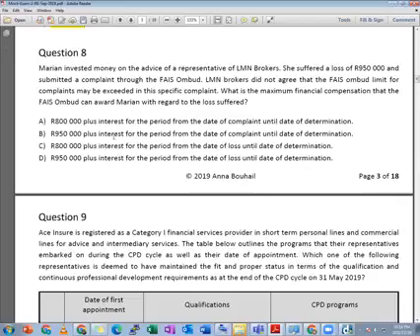From the date of loss until the date of determination.